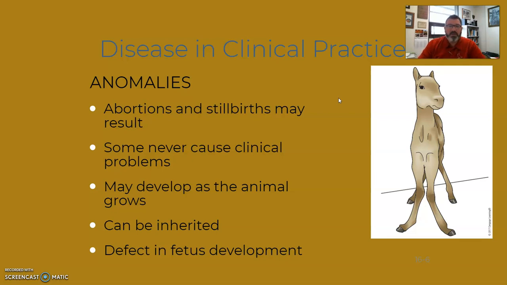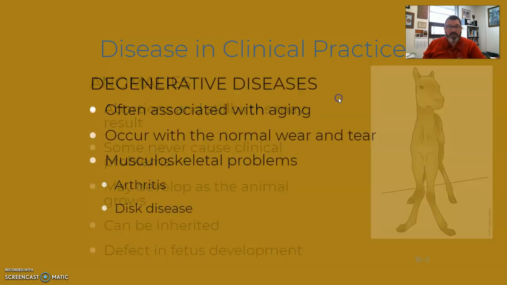Sometimes a pregnant animal may abort or have a stillbirth just because of that anomaly setting in. Some of them may set in as the animal develops. Of course, there's some genetic things that can be tied into some of these anomalies, or it could just be a simple defect in fetal development. Something strange happened while that animal was developing in utero.